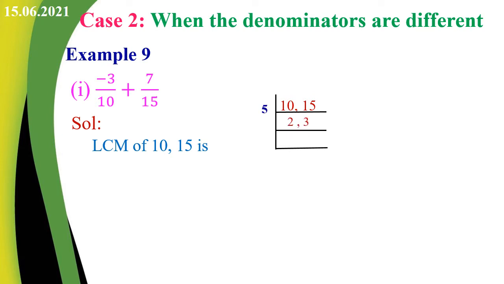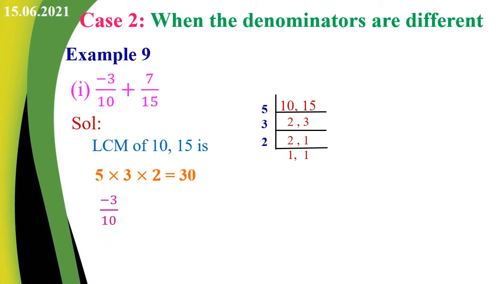We get 2, 3. On dividing by 3, we get 2, 1. On dividing by 2, we get 1, 1. Therefore, LCM of 10, 15 is 5 into 3 into 2, which is equal to 5 3s are 15, 15 2s are 30. Here LCM is 30.